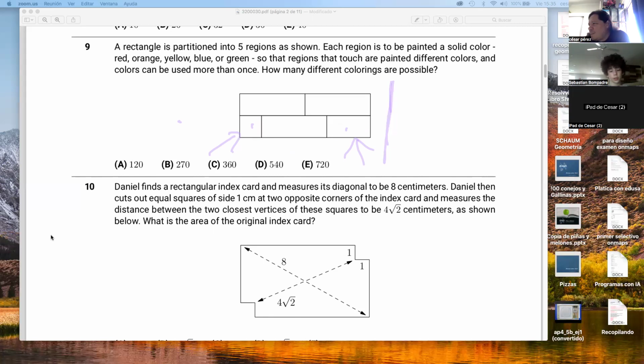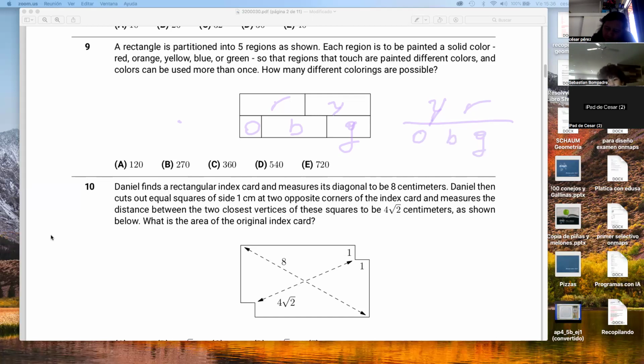If I swap two colors, would it also count as different? Okay, for example, red, yellow, orange, blue, and green. And you say that if you switch those two, yellow, red, orange, blue, and green. Yeah.